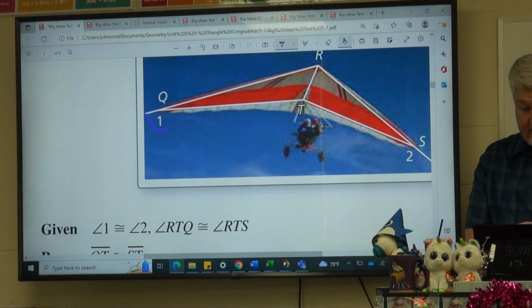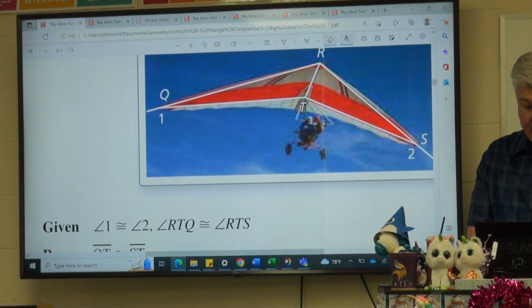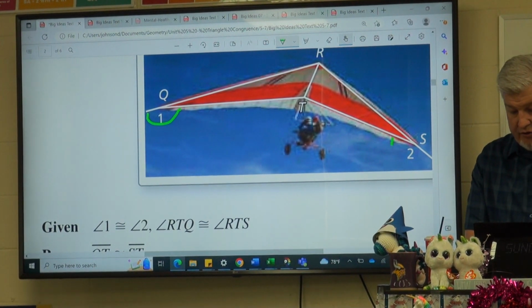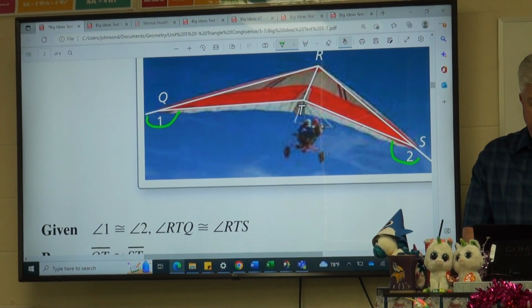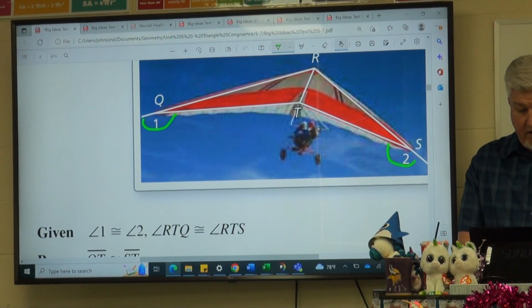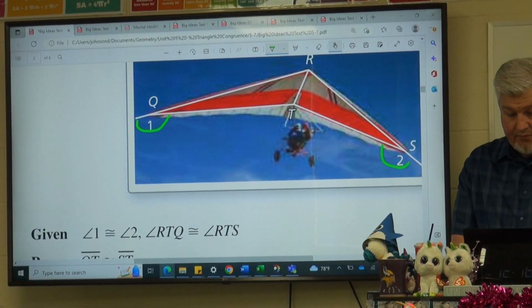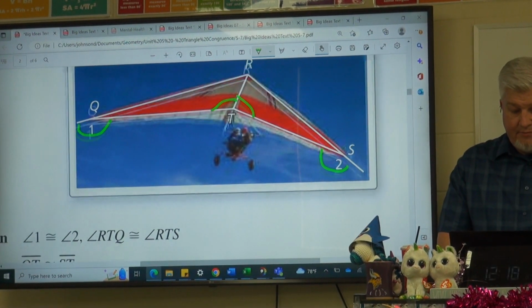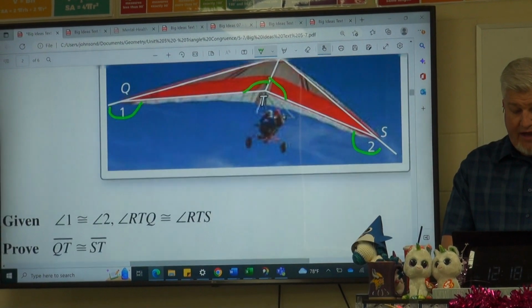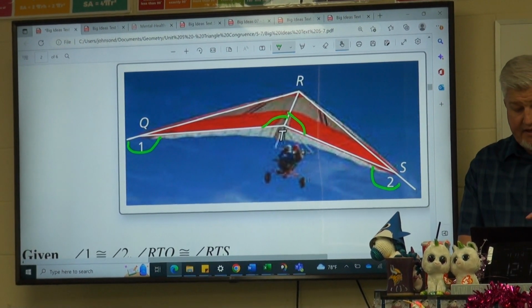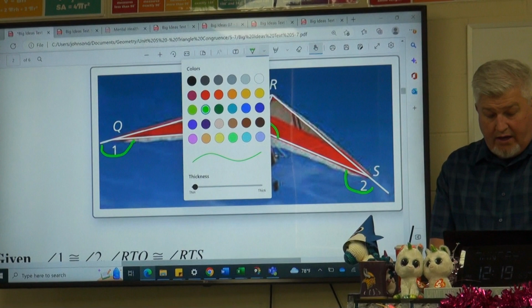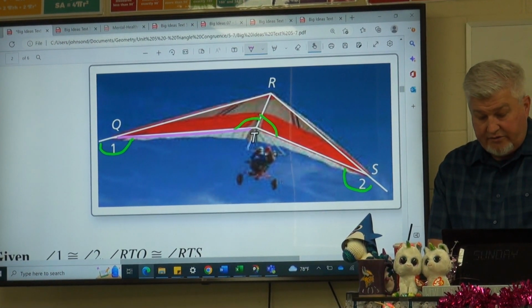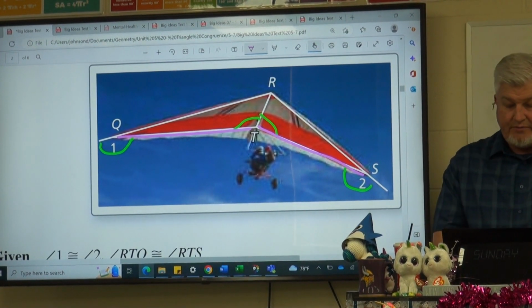Angle 1 is congruent to angle 2. And RTQ is congruent to RTS. RTQ is this angle, is congruent to this angle. Then it says, prove that QT and ST are congruent. So the goal is to prove that these 2 long legs of that triangle are congruent.